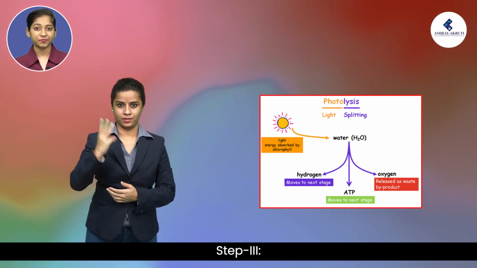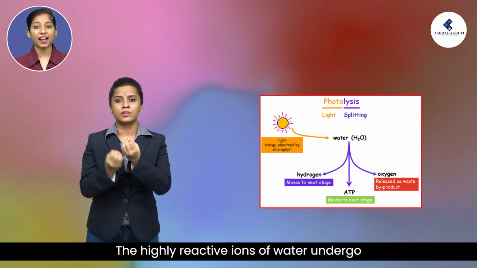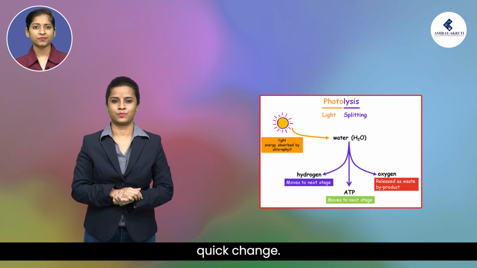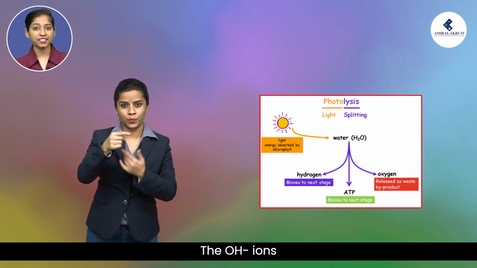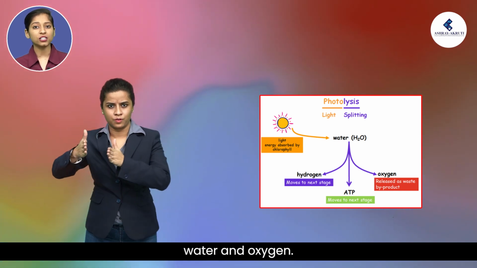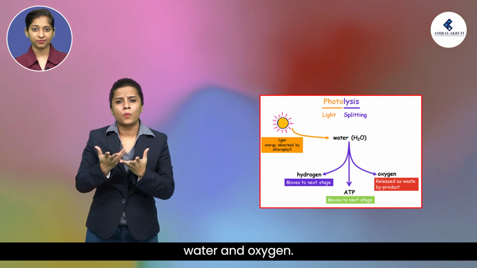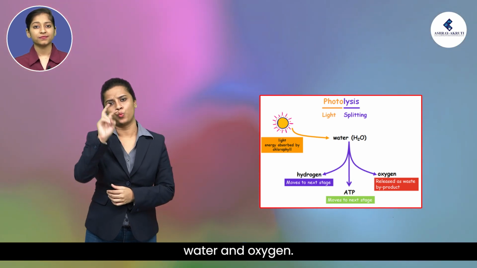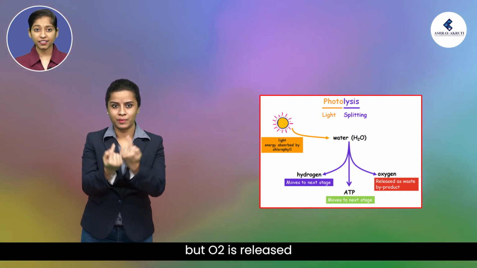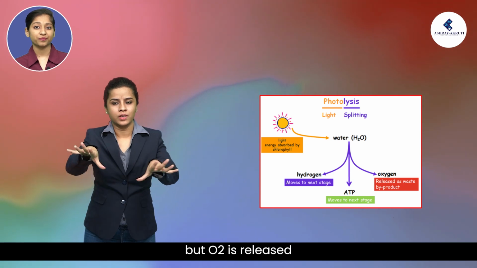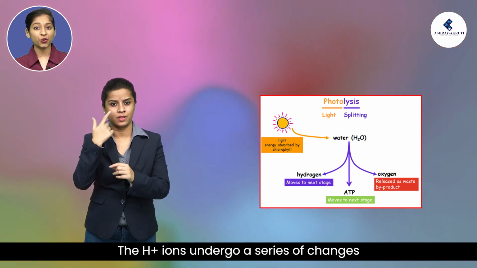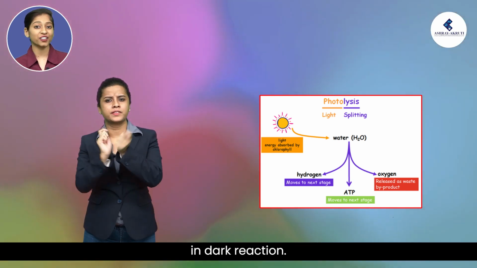Step 3. The highly reactive ions of water undergo quick change. The OH- ions, through a series of steps, produce water and oxygen. Water may be used inside the plant, but O2 is released into the atmosphere. The H+ ions undergo a series of changes in the dark reaction.